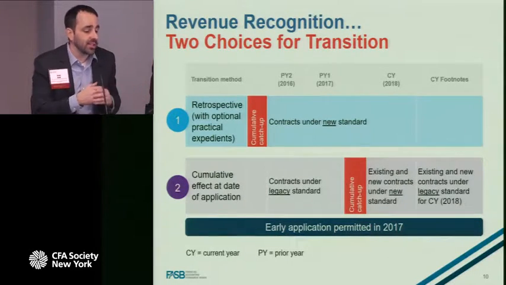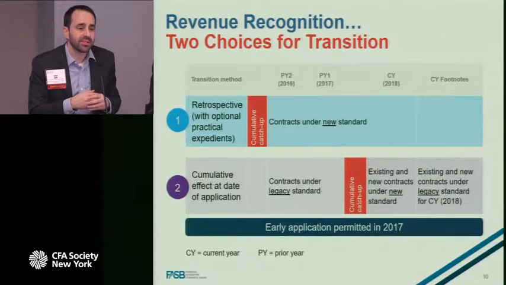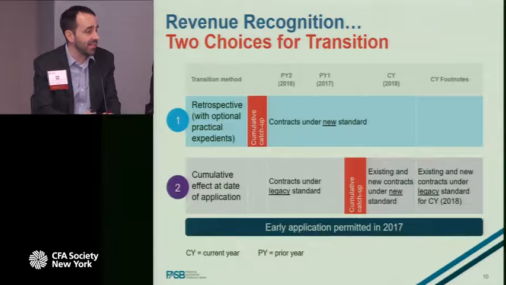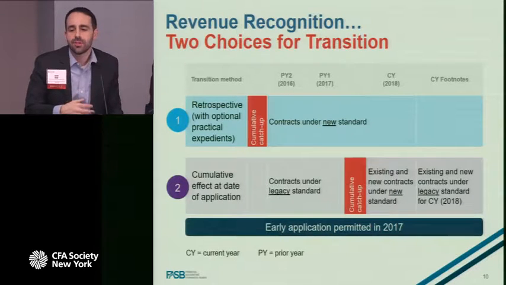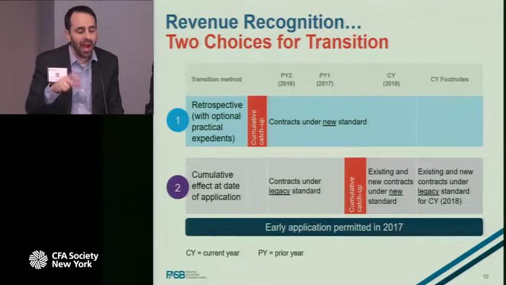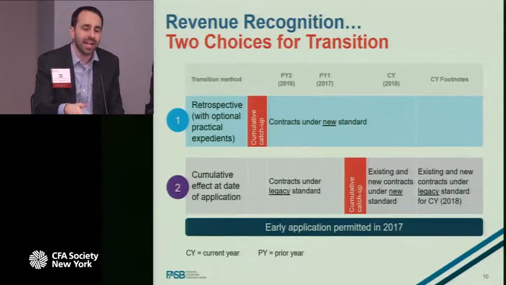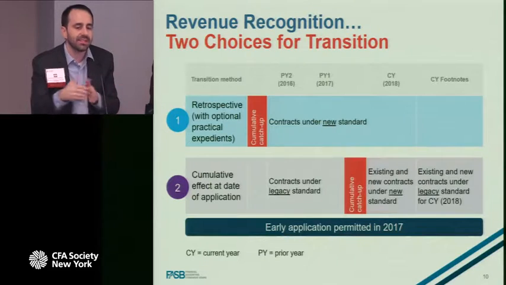If an entity chooses the cumulative effect approach, what you'll see is in that same 10K, you'll see 2016 and 2017 under the old guidance, but then 2018 will be under the new guidance. To allow for comparability, though, they will have to disclose in their footnotes what 2018 would have been had the old guidance been applied. And so you'll still see that comparability between 16, 17, and 18.